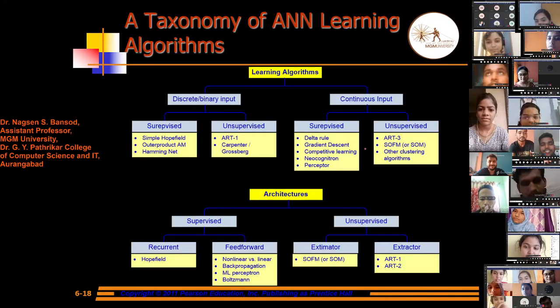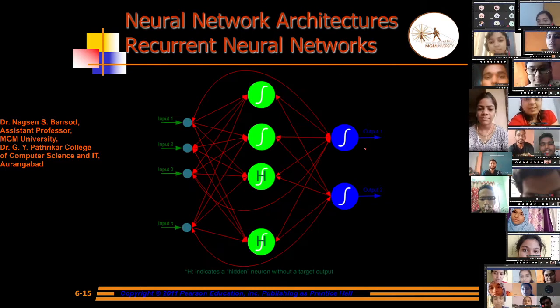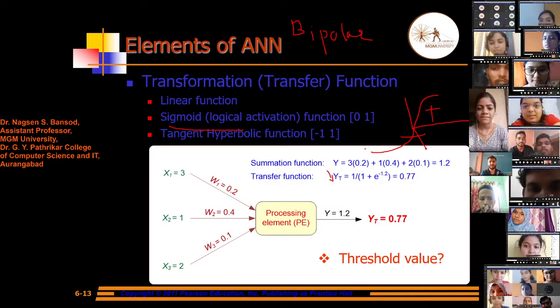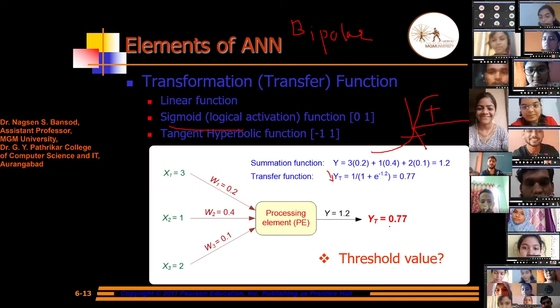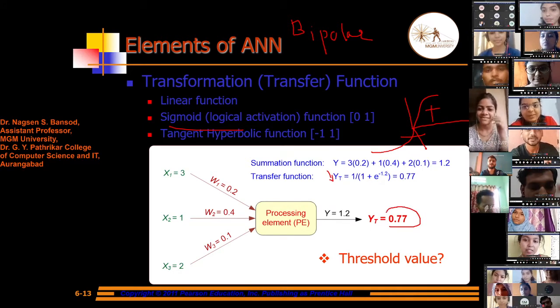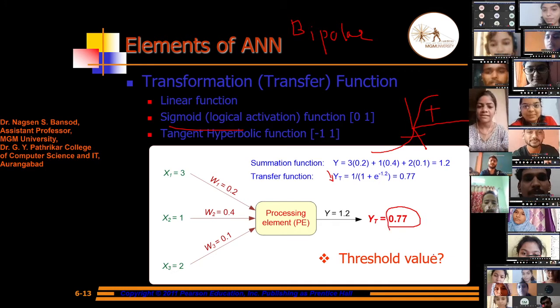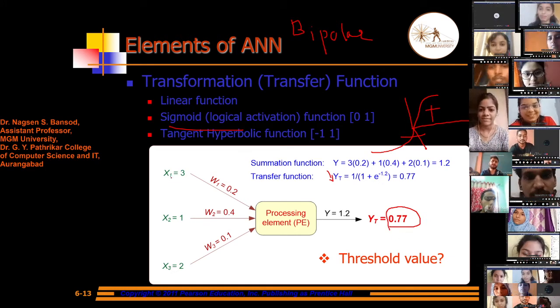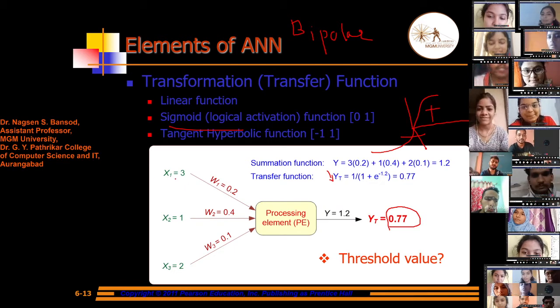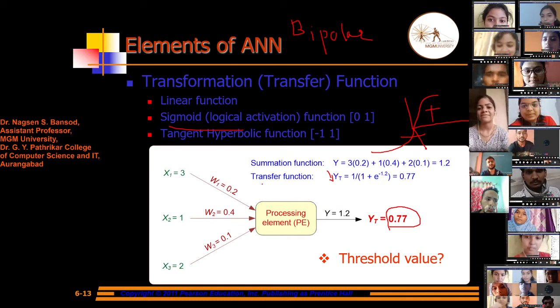We know how to calculate the threshold. In the previous lecture we discussed how we find the threshold value. We can find this value by processing element x1.